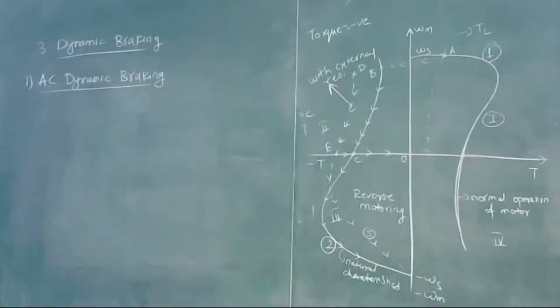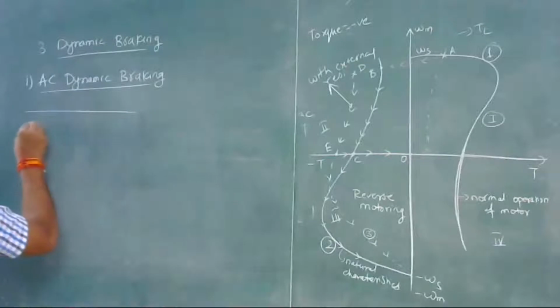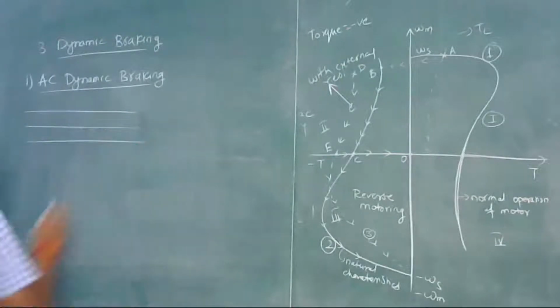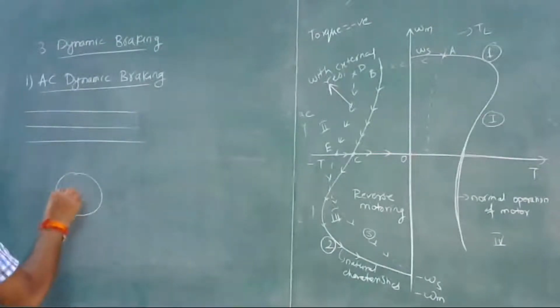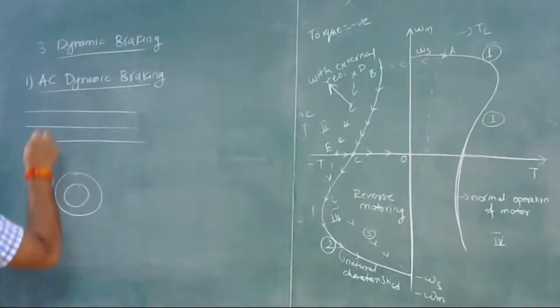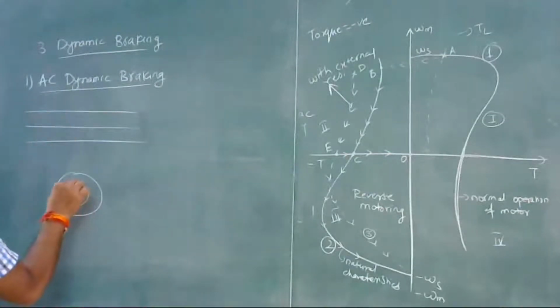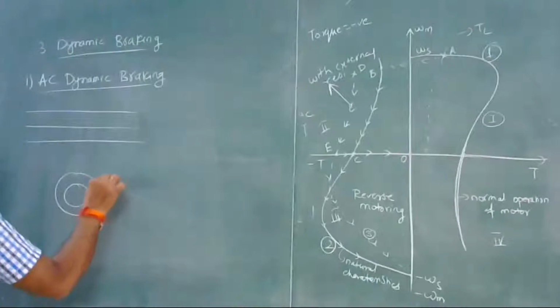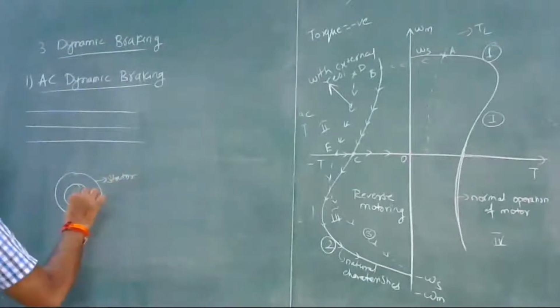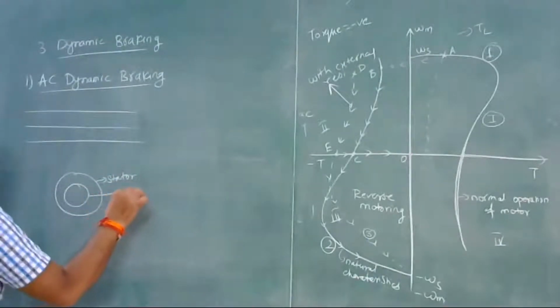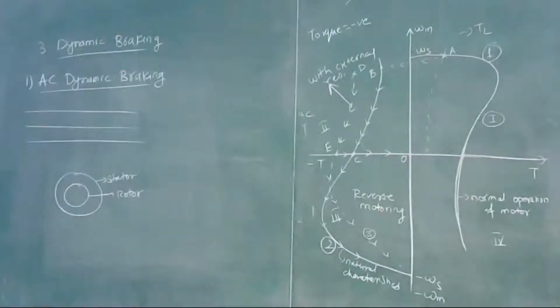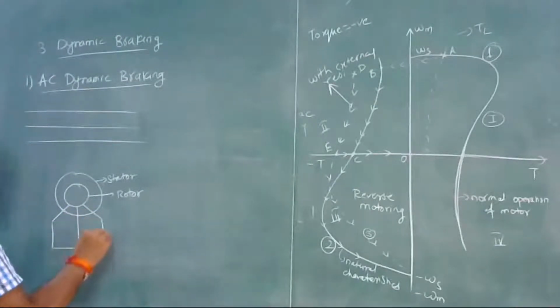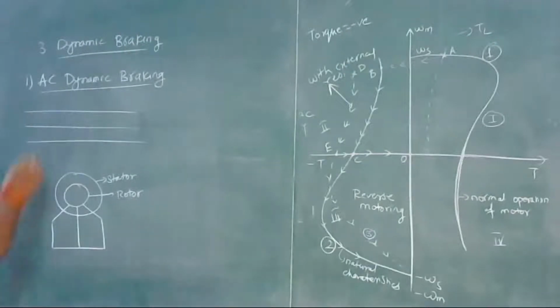So what we have is a 3-phase AC supply and an induction motor. This is the stator and this is the rotor, and the rotor is short circuited with the help of slip rings like this.